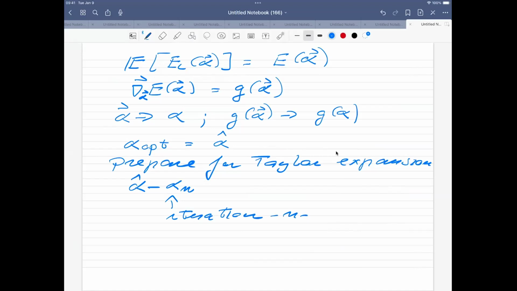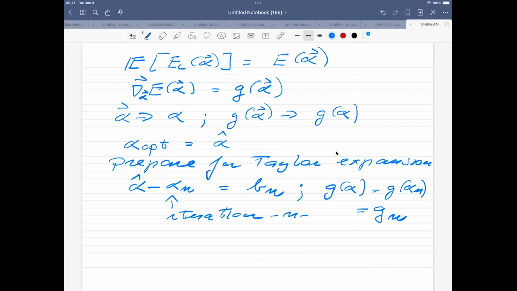I'm going to call this quantity B of n. These are just notations. And I'm also going to write this G of alpha as a G of alpha n, and I'm just going to put a subscript, G of n, here.